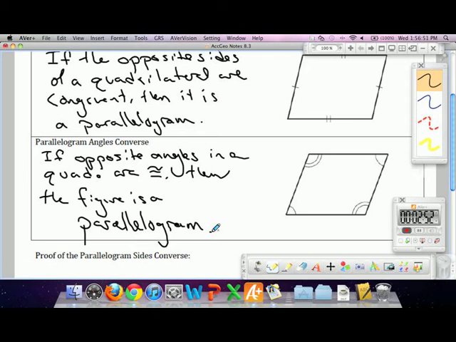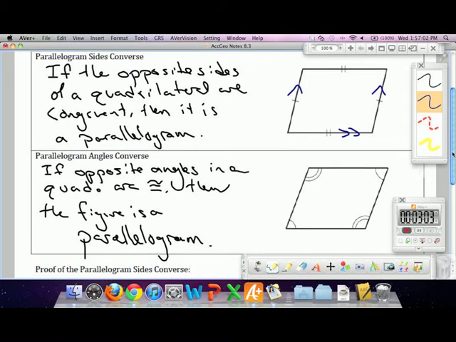So if you know a figure is a parallelogram, the next nice piece of information is that these things are forced to be parallel. If I asked you a question about parallel sides, it might be a good idea to show that a four-sided figure is a parallelogram, and then you get a bunch of parallel segments and lines.